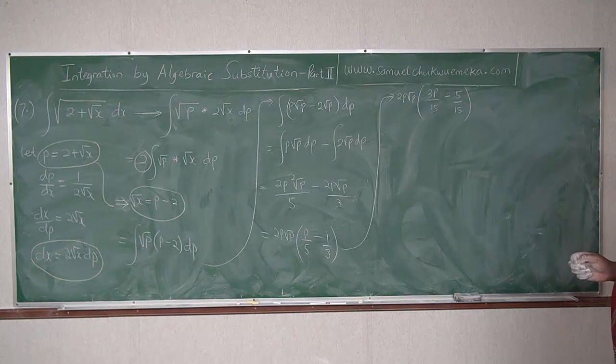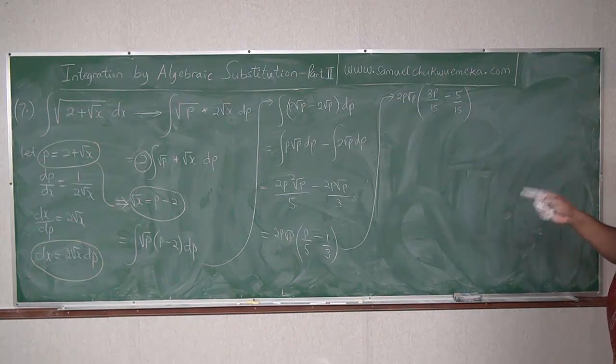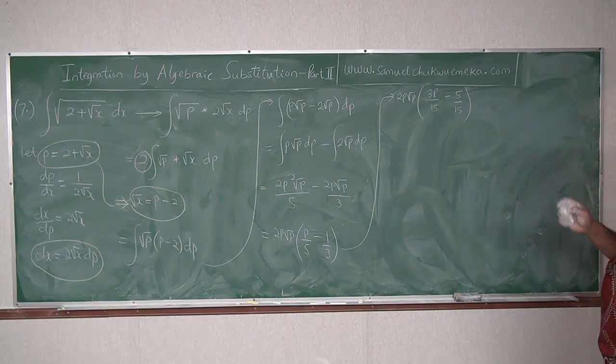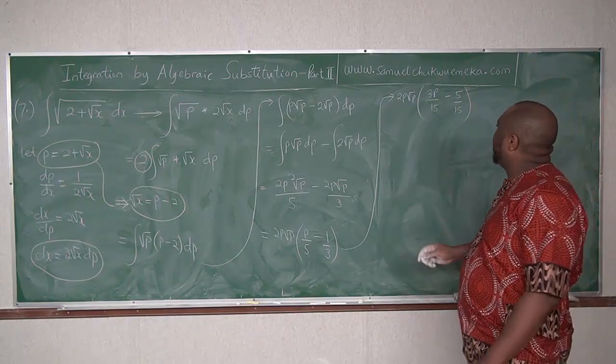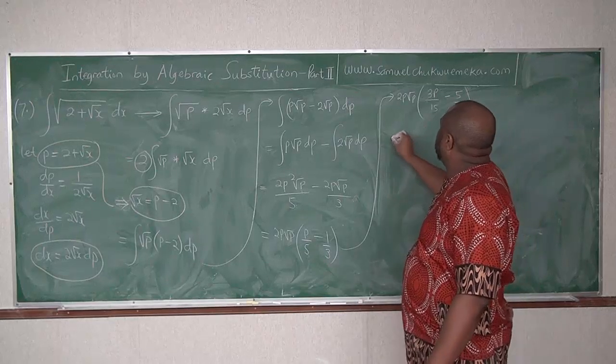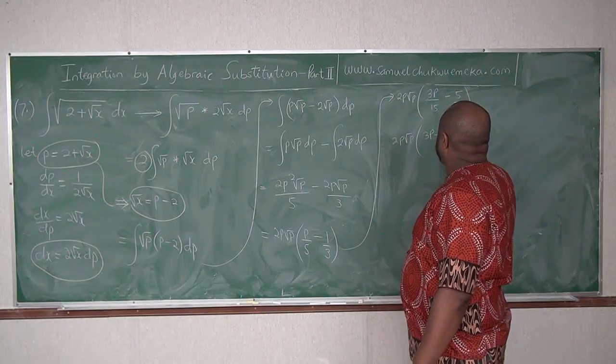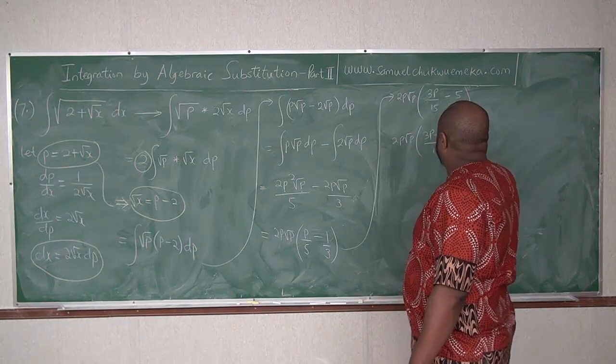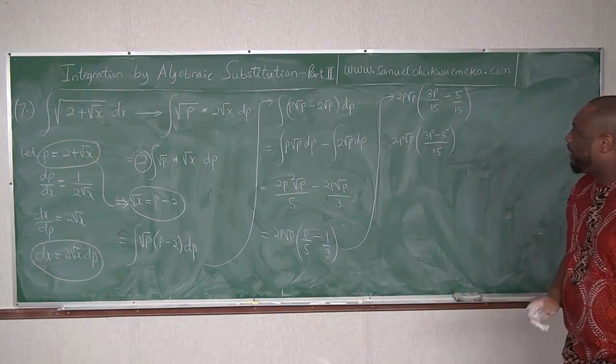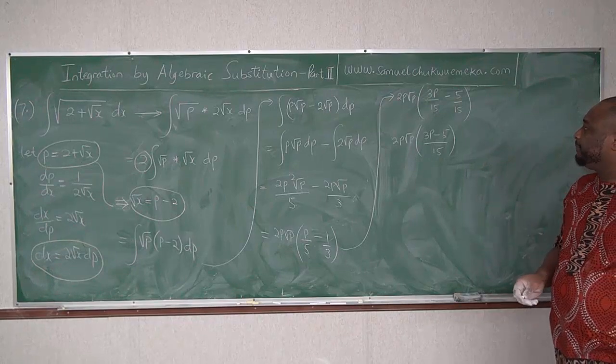Because over 15, 5 into 15 is 3, so 3p, minus 3 into 15 is 5, so 5 times 1 is 5. This is fractions. So this will now give us 2p root p times 3p minus 5 over 15.